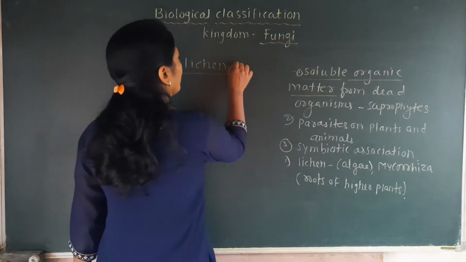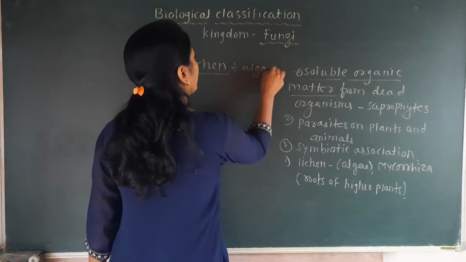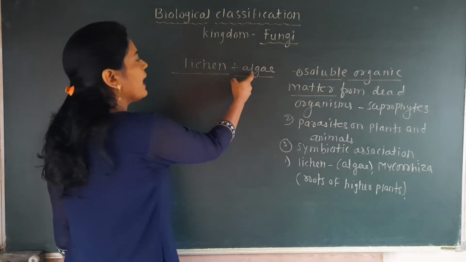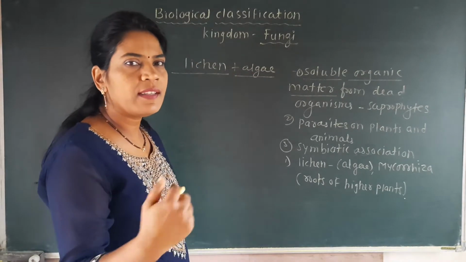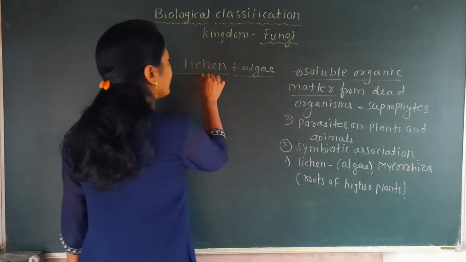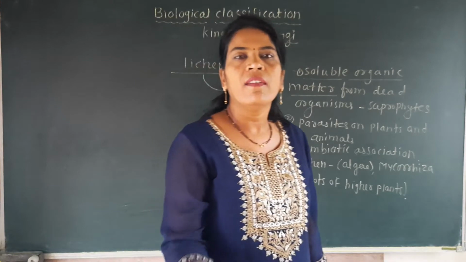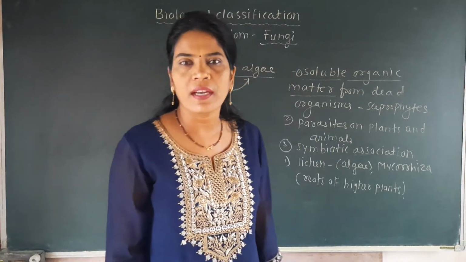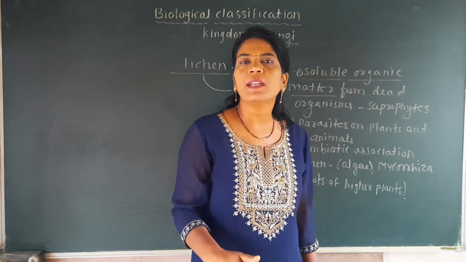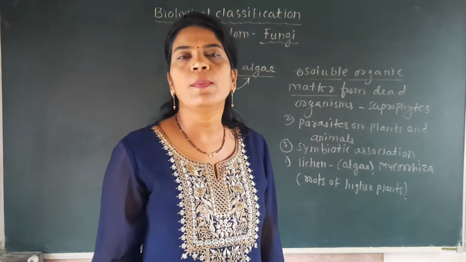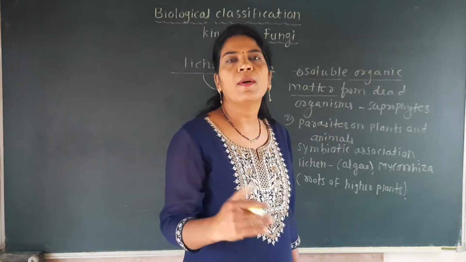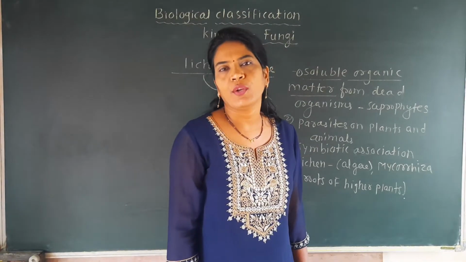So lichen which shows association with algae is a fungi and an algae. What is important is that the lichen gets food from the algae, because one example is blue green algae, which fix atmospheric nitrogen with the help of an important cell called the heterocyst.